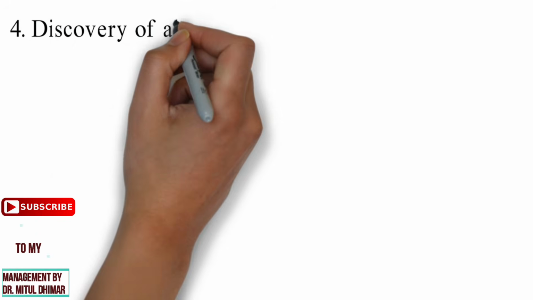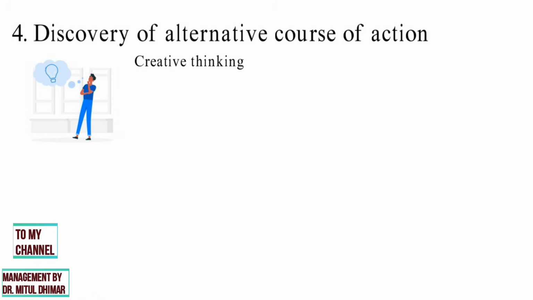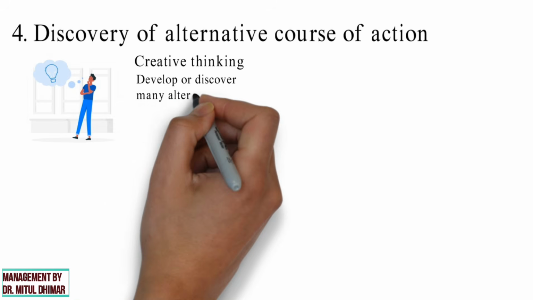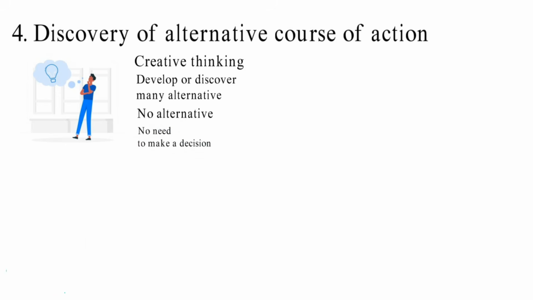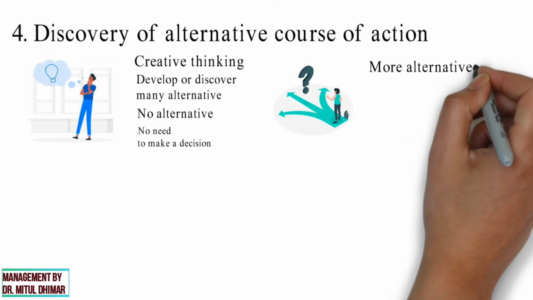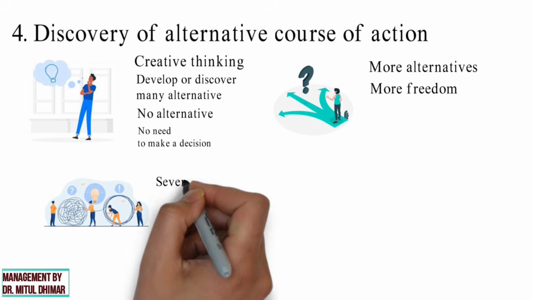Step number 4. Discovery of alternative course of action. Creative thinking is necessary to develop or discover many alternative course of action. If there is no alternative, there is no need to make a decision. If there are more and more alternatives, the manager will have more freedom to make decisions. A problem can be solved in several ways.